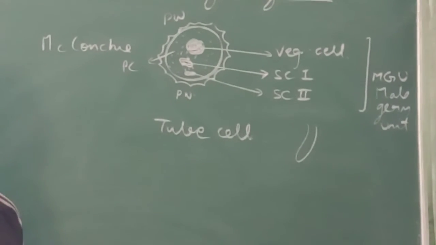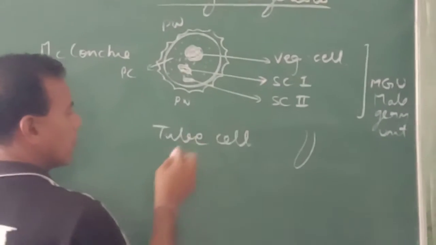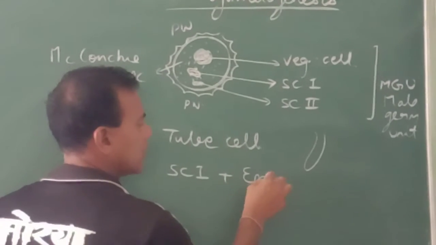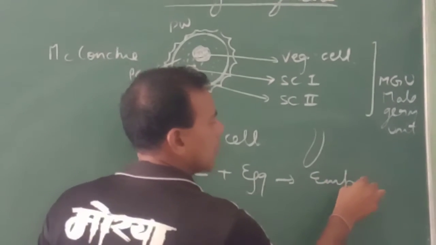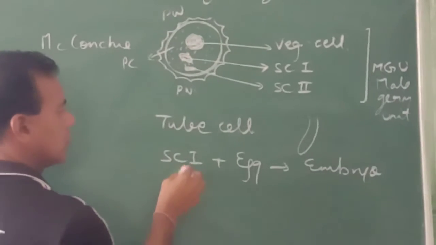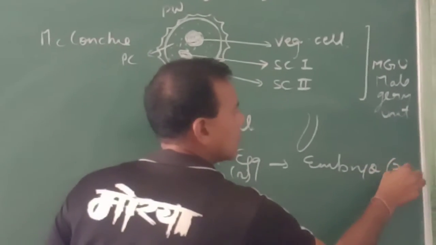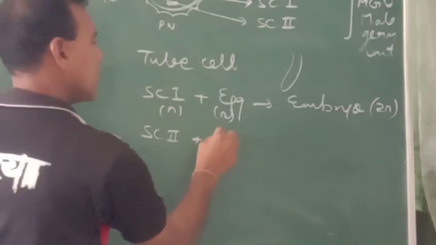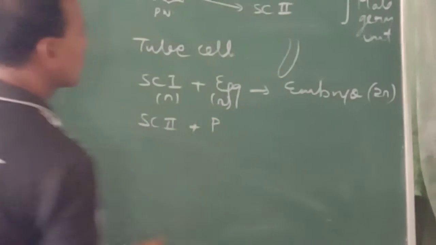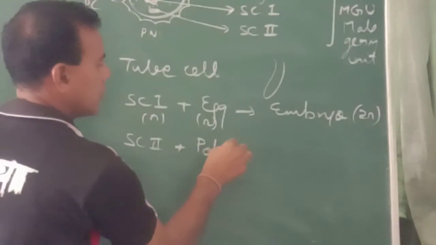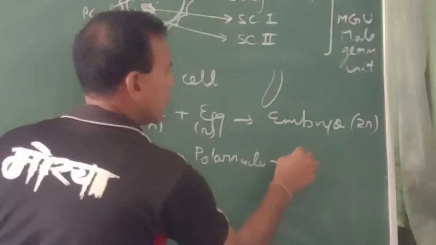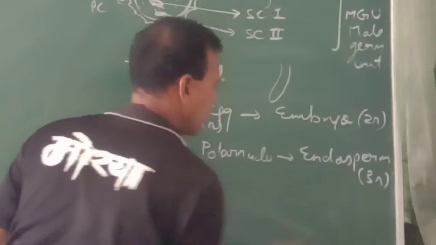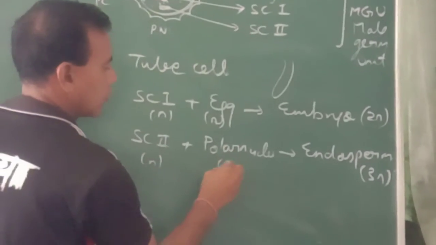as the pollen grain reaches the stigma. The sperm cell 1 fuses with the egg to make the baby, that is the embryo. Whereas the sperm cell 2 fuses with the polar nuclei to make endosperm, which is 3n tissue, and the polar nuclei are 2n.